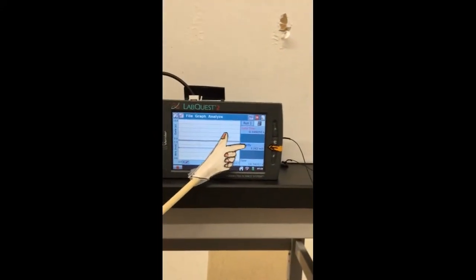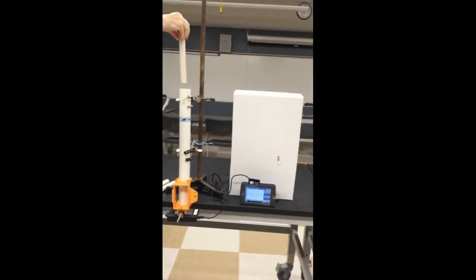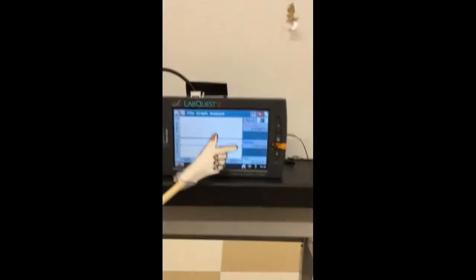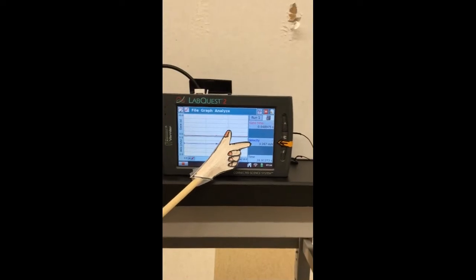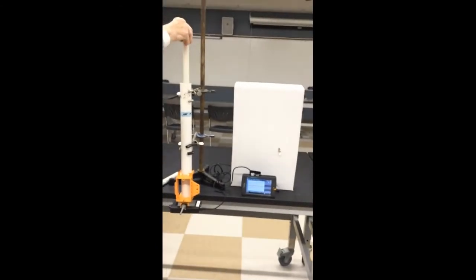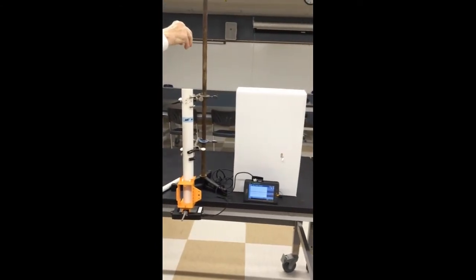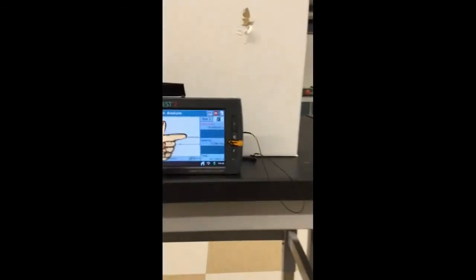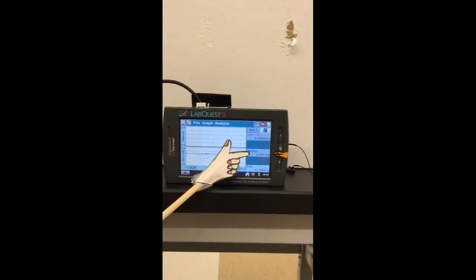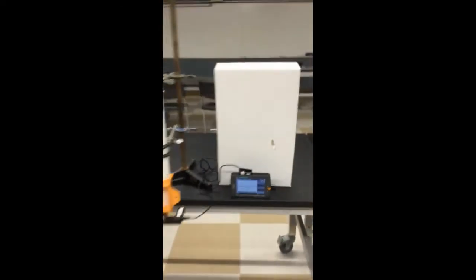The velocity is 3.262. Run 3. The velocity is 3.257. This is run 4. The velocity is 3.249. That completes set number 2.